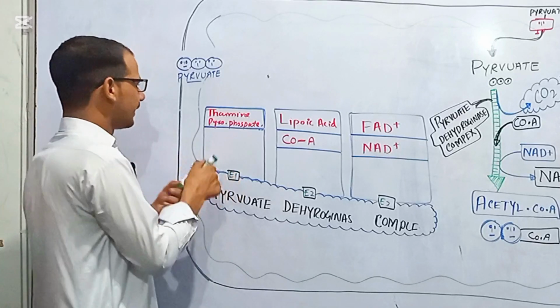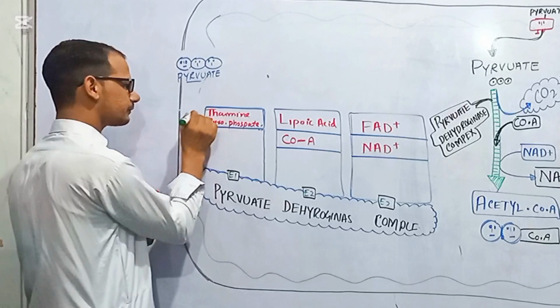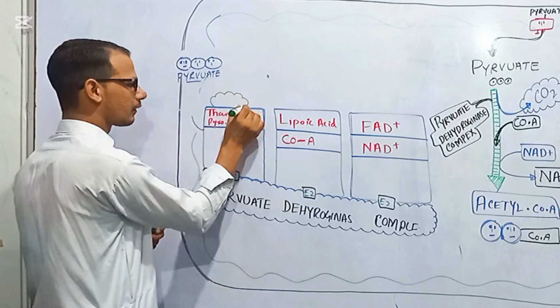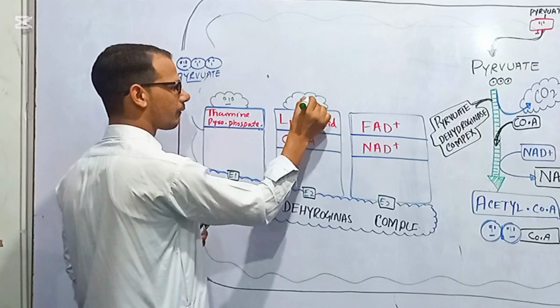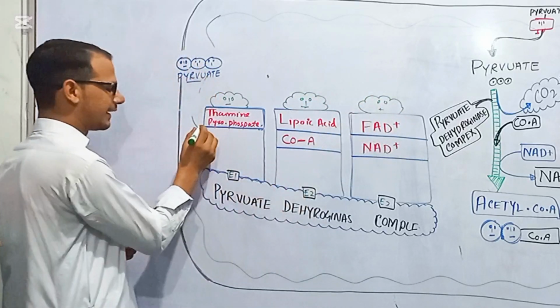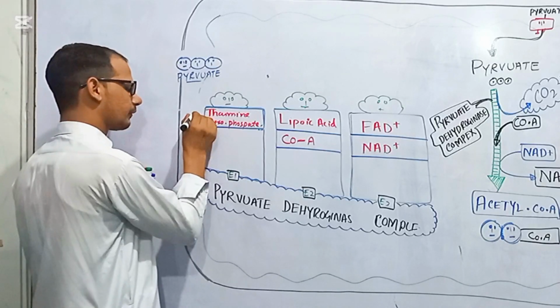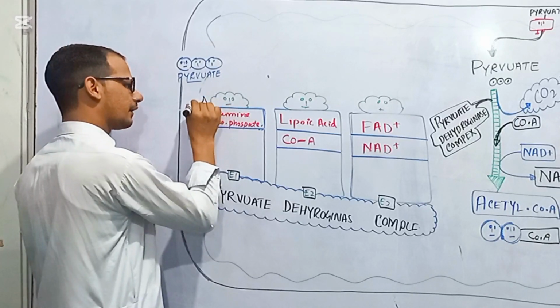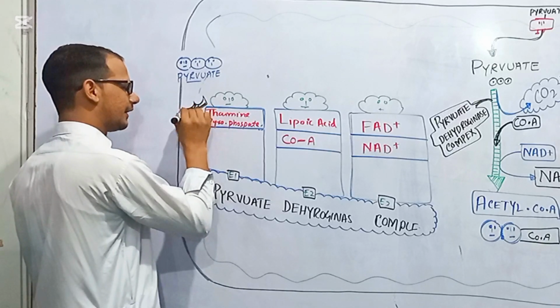So for example, here this is the binding site of this enzyme, which can bind only 2 carbons, right?